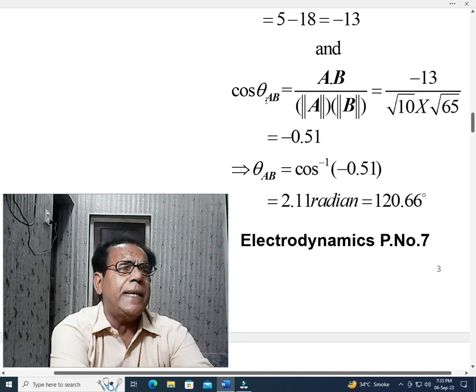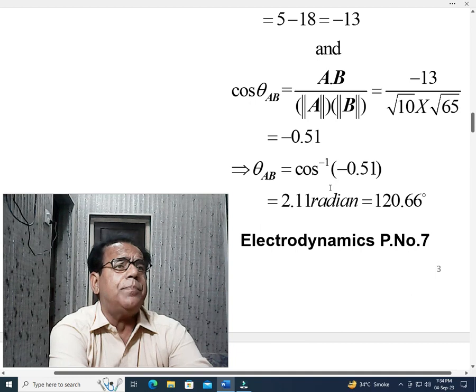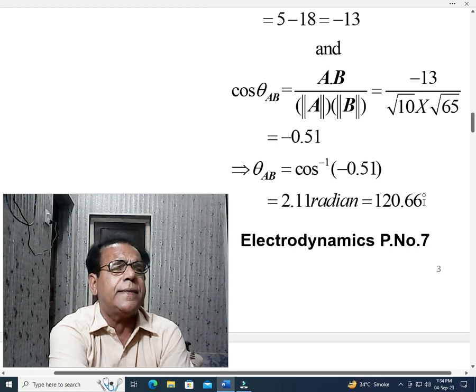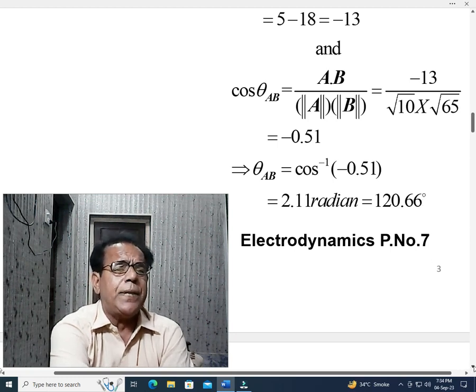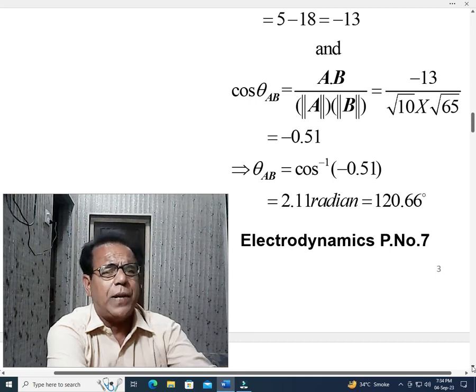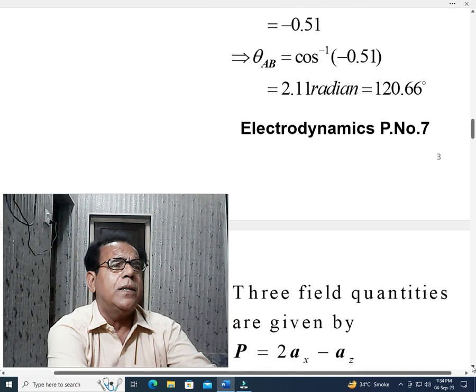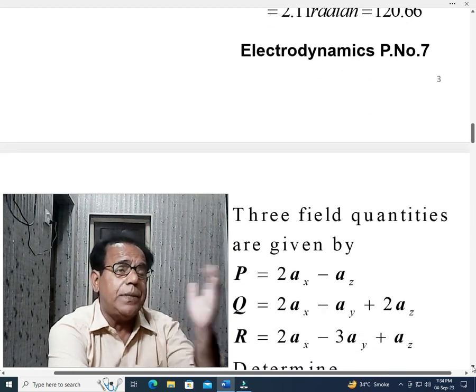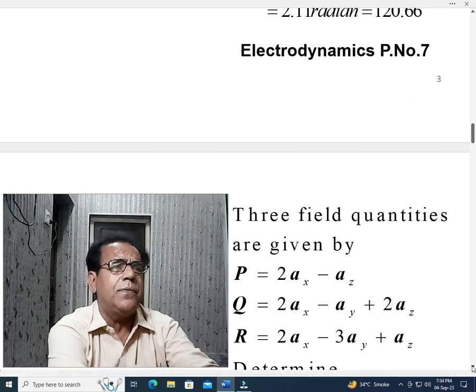When cos theta AB equals this, then theta AB will be equal to cos inverse of minus 0.51, and the value of cos inverse of minus 0.51 in radian becomes 2.11, and in degree becomes 120.66 degrees. I have taken this value from the internet, an online calculator, online converter. There may be other ways to find this value also.